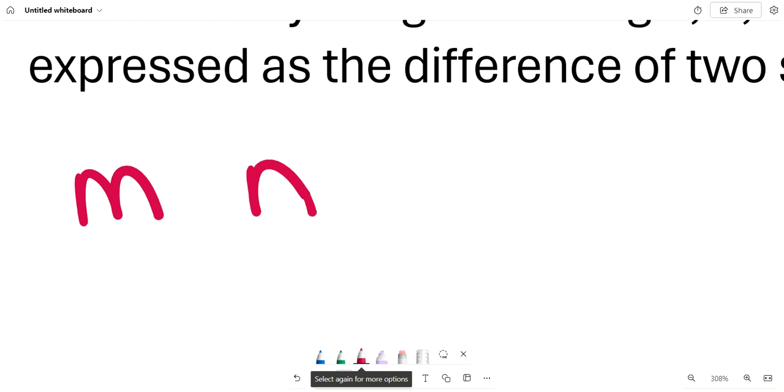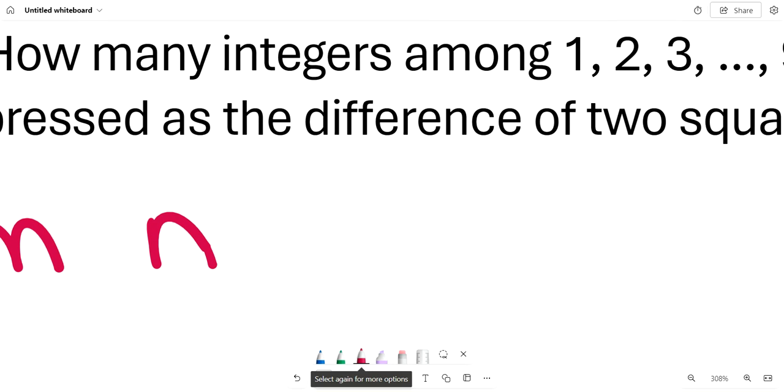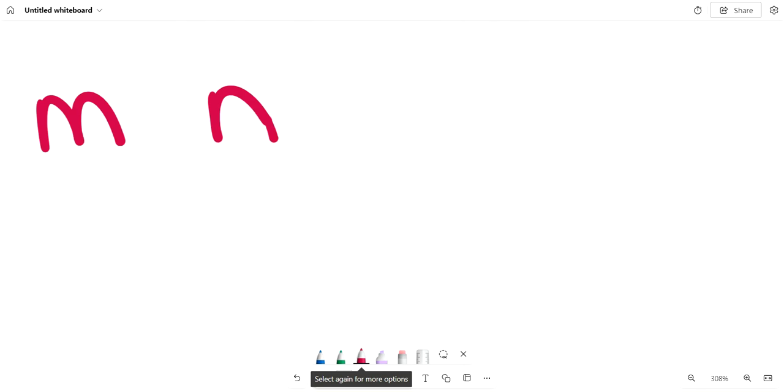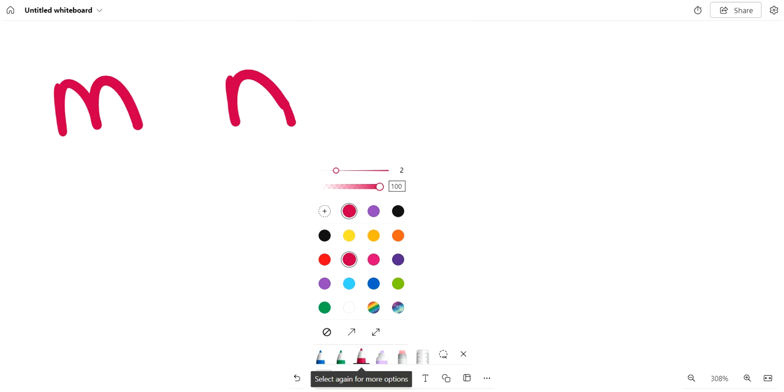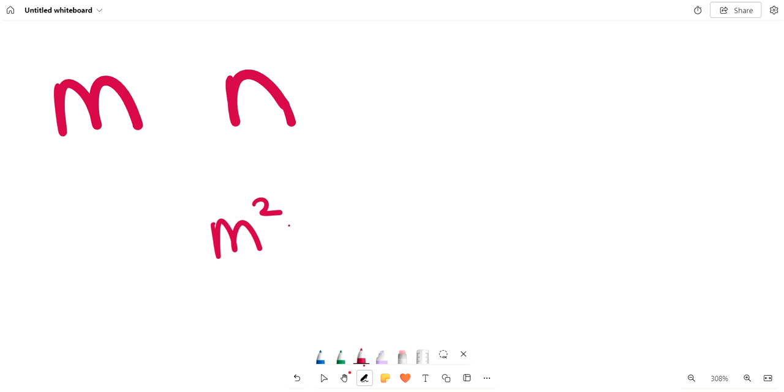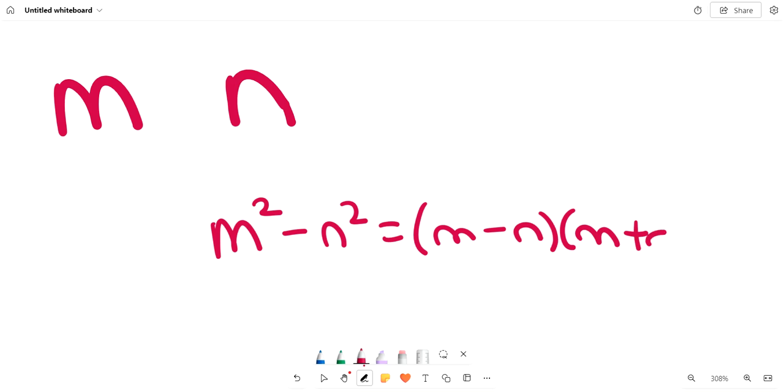And so we know the difference of squares is just m squared minus n squared, which equals m minus n times m plus n.